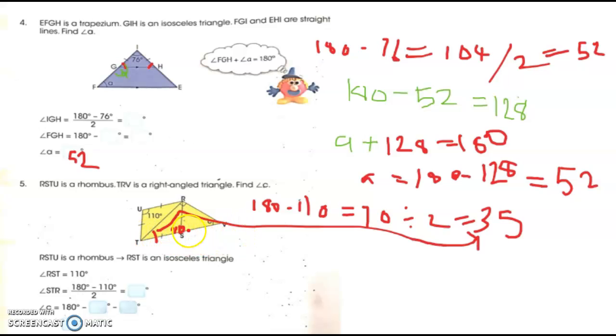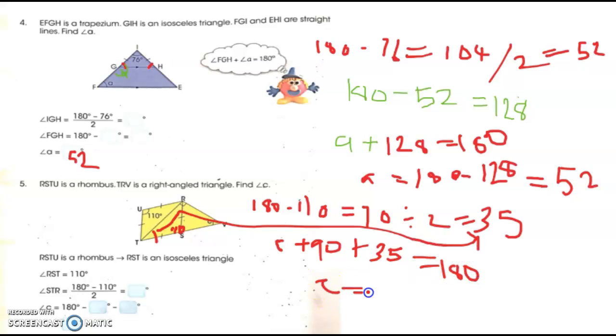That means 35 plus 90 plus C is equal to 180, right? Because all the angles inside the triangle, when you sum them up, are equal to 180. So C plus 90 plus 35 is equal to 180.